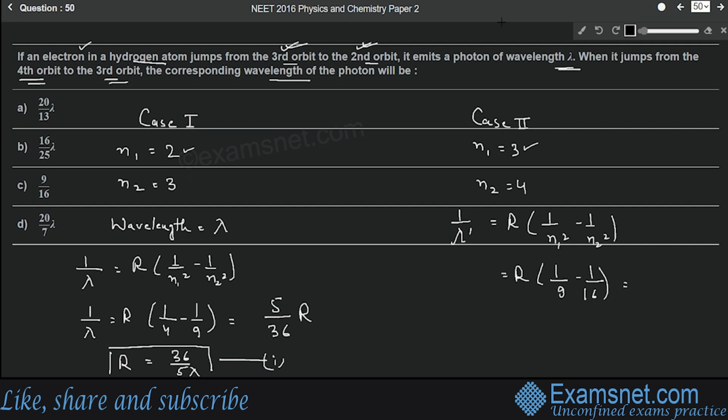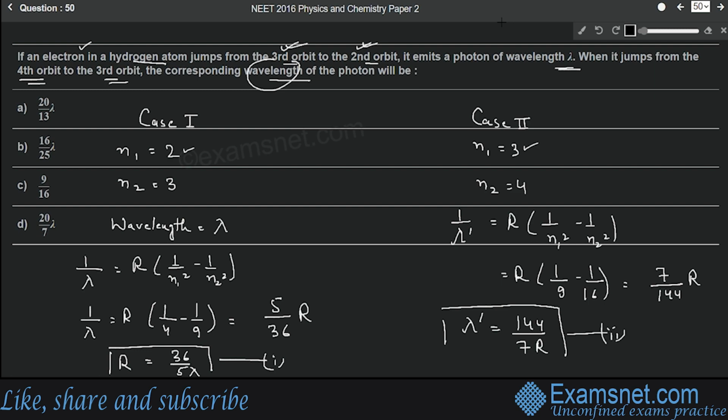Solving this, the LCM will be 144 and the difference here will be 7. So 7 by 144 R. Because in the question the wavelength is asked, lambda dash will be equal to 144 by 7R. This is equation number 2.